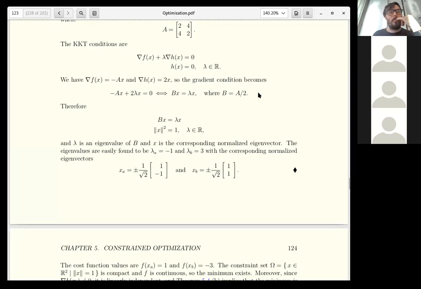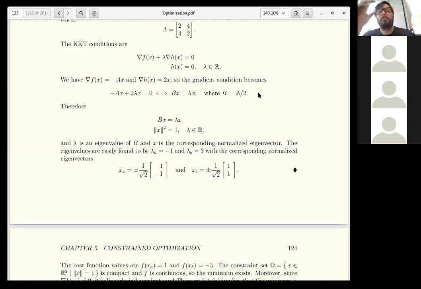So we have here the situation that the gradient is simply minus ax, and the gradient of h of x is 2x, so we can get this into the format that a minus ax squared plus 2 lambda x equals 0.